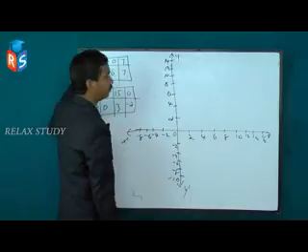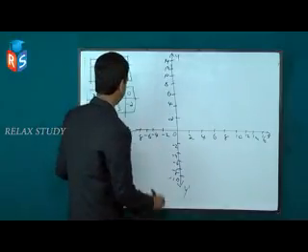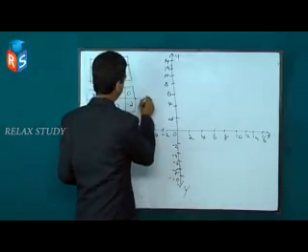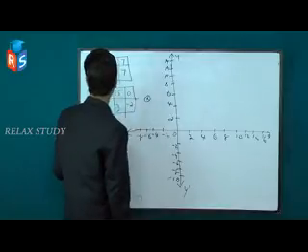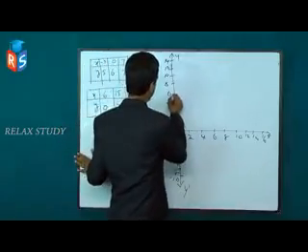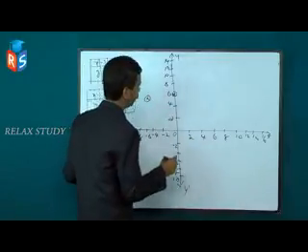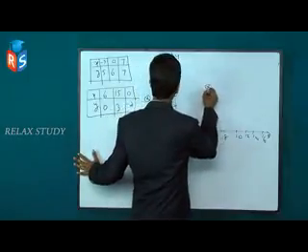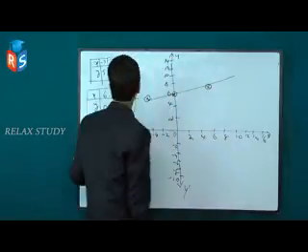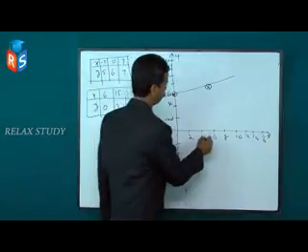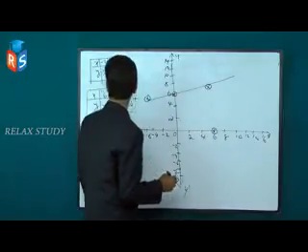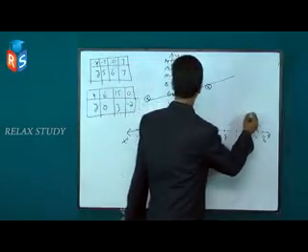So plotting these points. First one minus 7, 5. Then 0, 6. Then 7, 7. Joining these. Next, 6, 0. Then 15, 3.